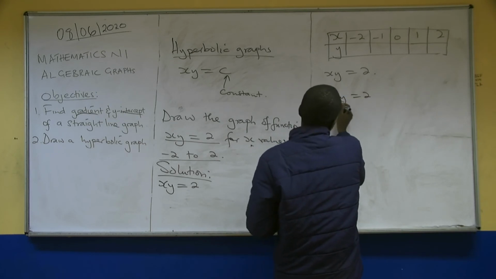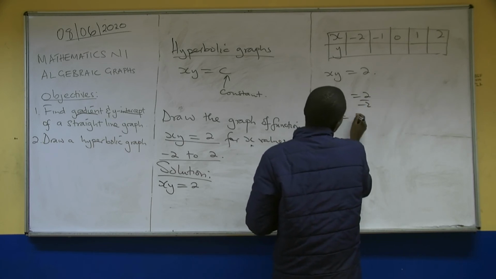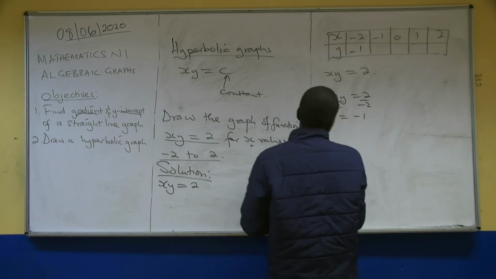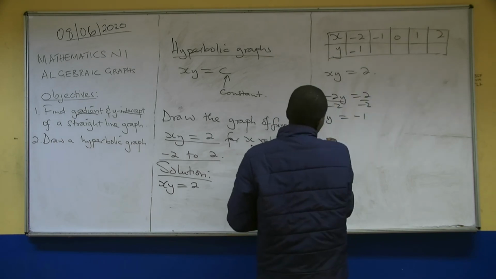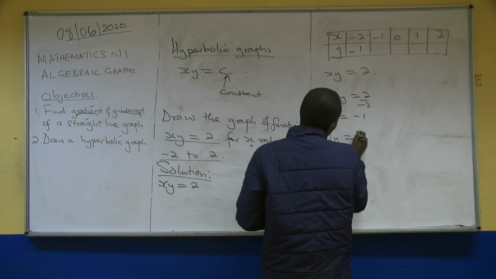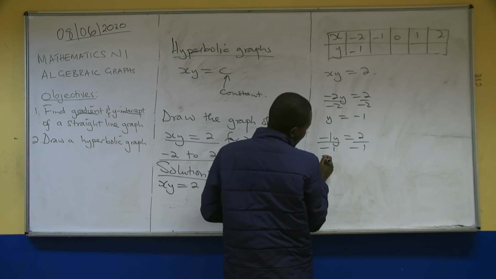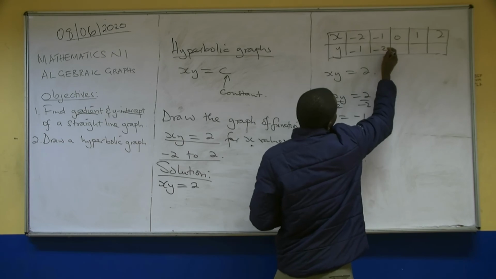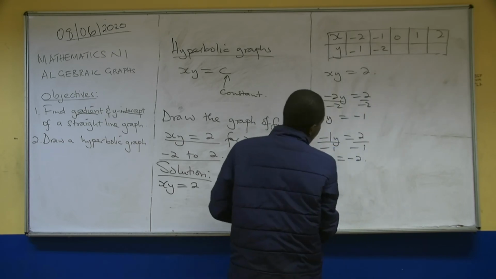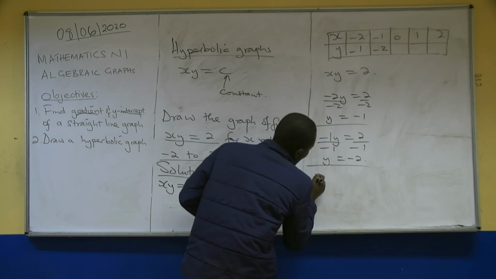When x is minus 2, it means minus 2y is equal to 2. If I divide by minus 2, I get y being equal to minus 1. Then if x is minus 1, I have minus 1y is equal to 2. I divide by minus 1, I get y being equal to minus 2.